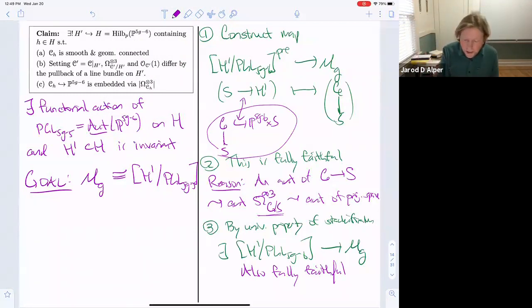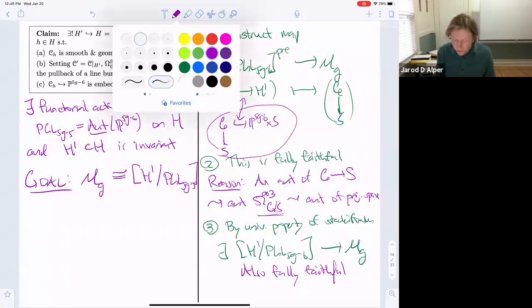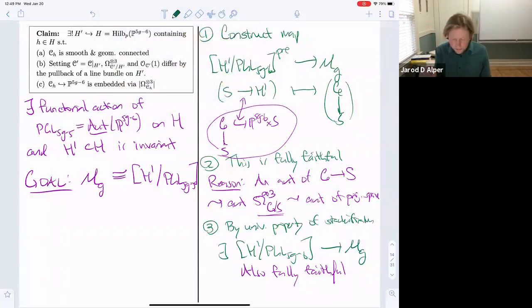So the only thing that's missing is the essential surjectivity, because after all, we want to show that this is an isomorphism.